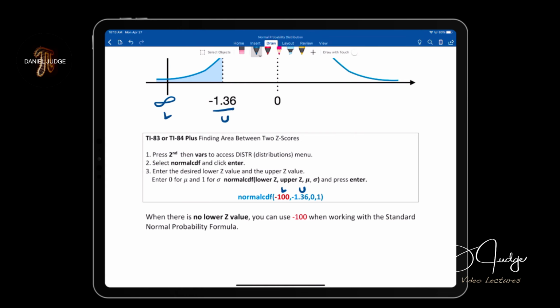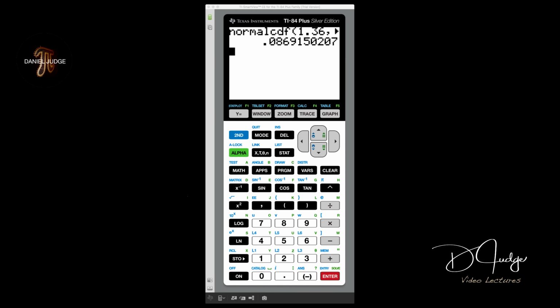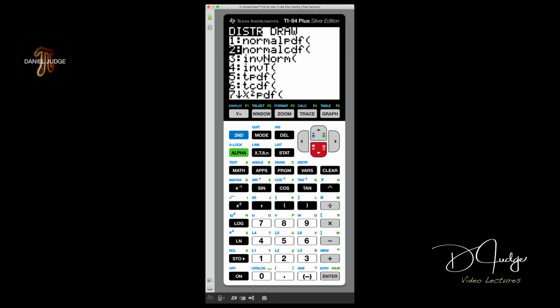So go to the TI now and you say, okay, TI, second distribution, go down to NormalCDF. Lower, I'm going to use negative 1,000 or 100, negative 100, negative 1,000,000. Doesn't matter. And then the upper bound is going to be, I believe that's negative, right?